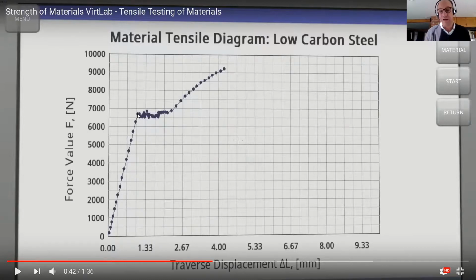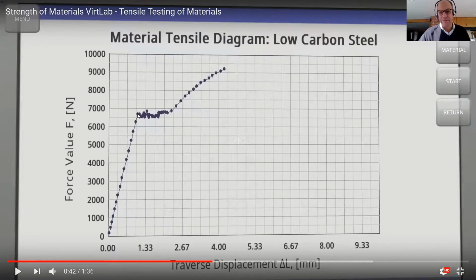I'm going to give you that information one more time. The maximum normal stress for low carbon steel is 500 megapascals, right? And the modulus of elasticity for low carbon steel is 100 gigapascals.